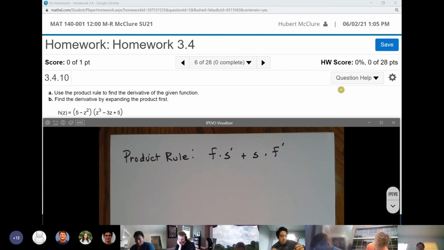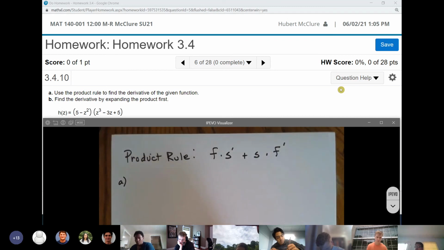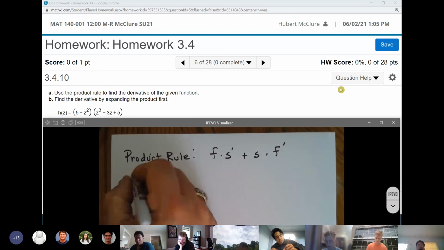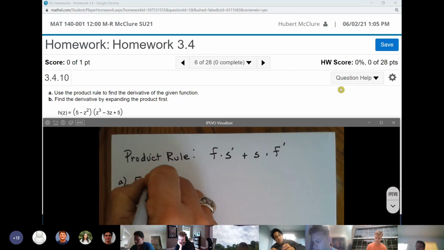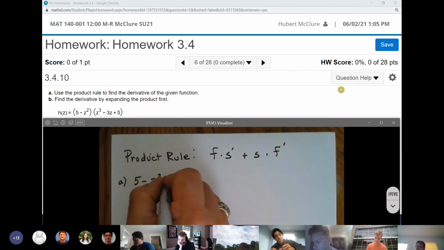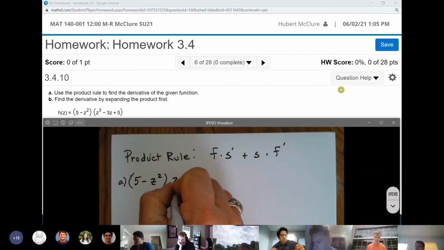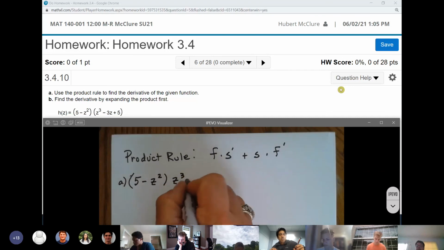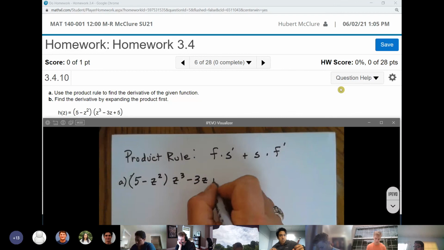I'm going to do A on the first page. Use the product rule. My problem is 5 minus z squared times z cubed minus 3z plus 5.